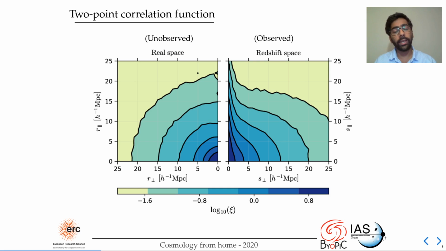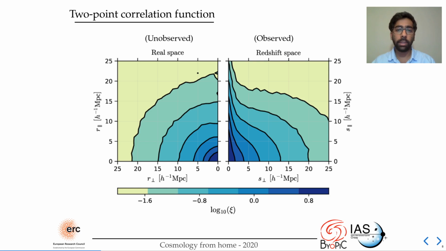What one can see is that, measuring from the simulation, in real space we see the isotropy of the correlation function as expected, while in redshift space there is anisotropy in the correlation function. By leveraging the degree of anisotropy, one can measure the growth rate of the structures.